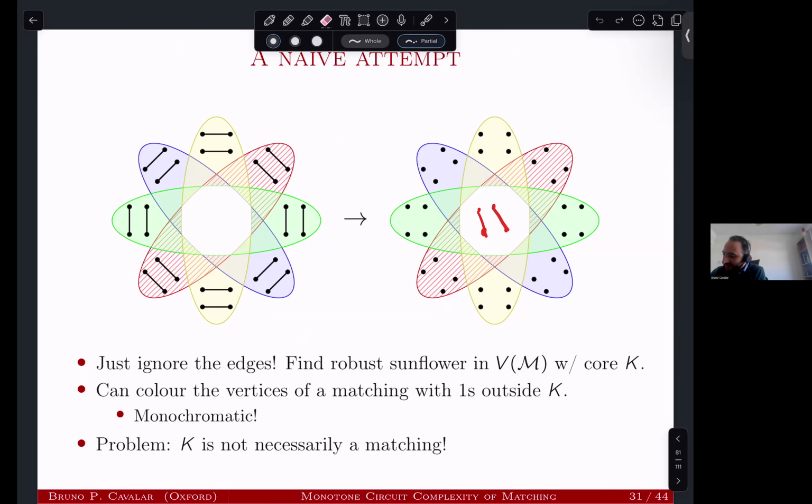Here this vertex is matched to this vertex in this matching, but in this other matching it's matched to this other vertex. So how do you transform this into an actual core? So the problem is that K is not necessarily a matching, and we want to solve this problem.